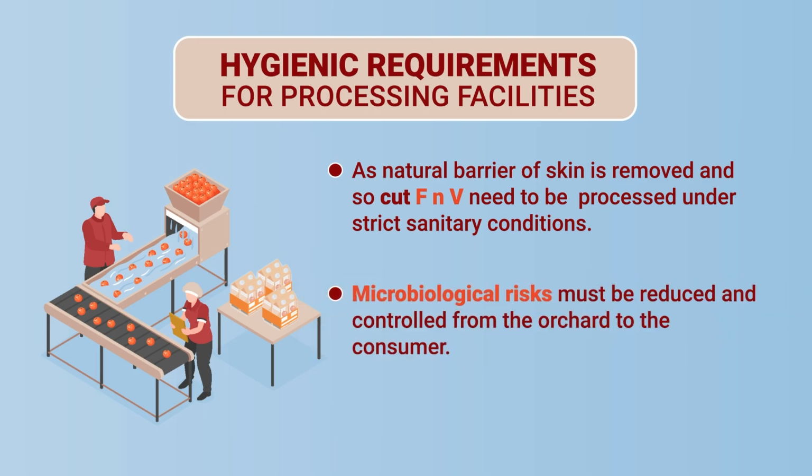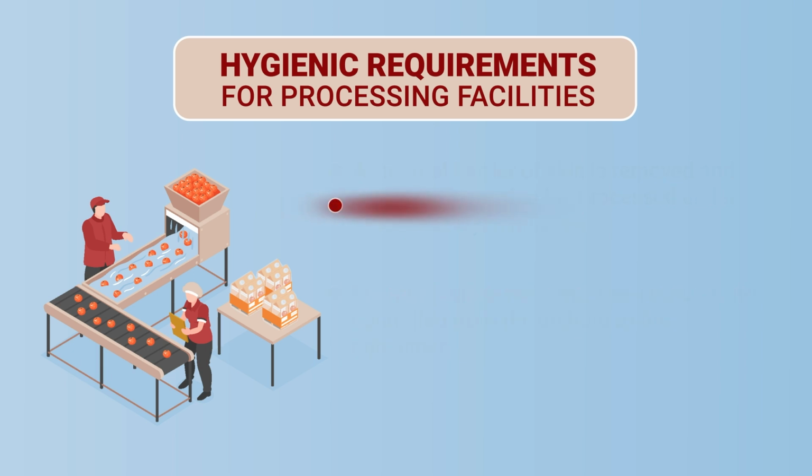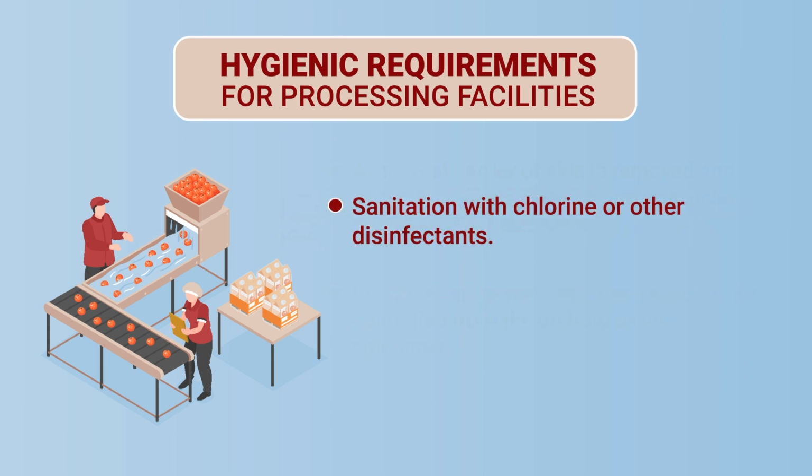So microbial risk is increased. For this purpose, even before peeling, the surface microbial load, which is naturally available from whatever source it was collected, needs to be reduced by disinfection, commonly washing with a disinfectant like chlorine.